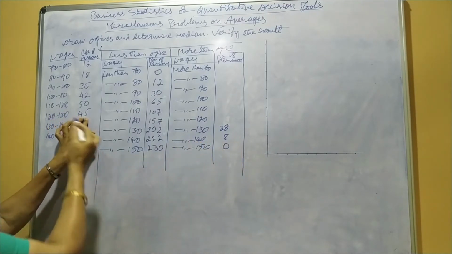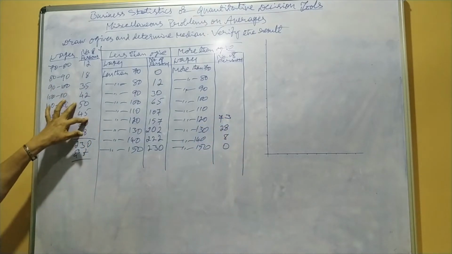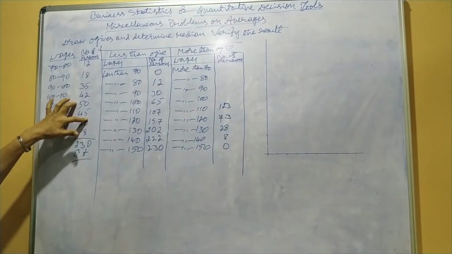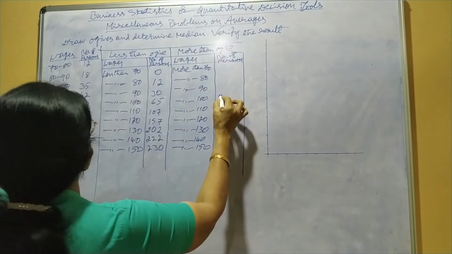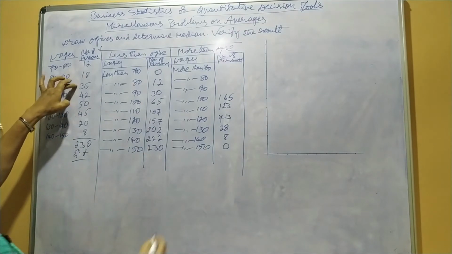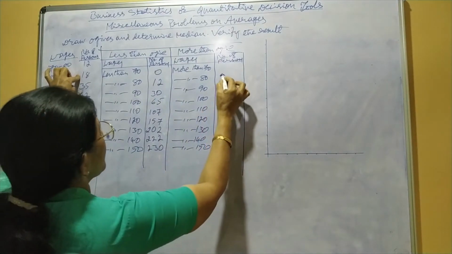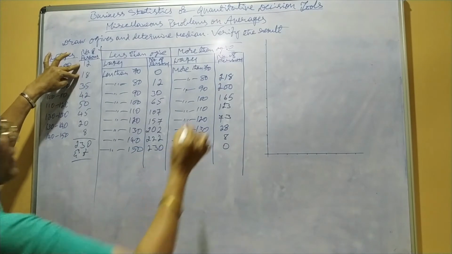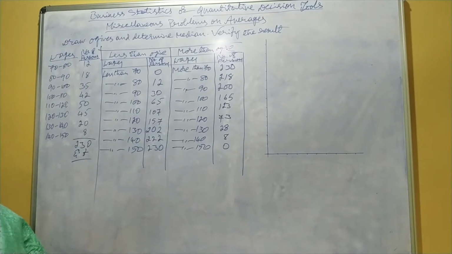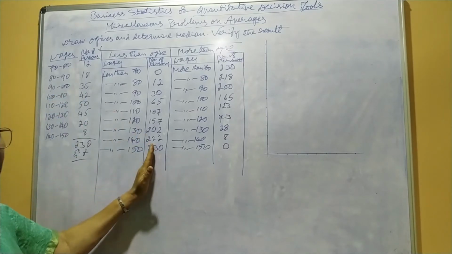To this we have to add 45. 73. 73 plus 50, 123. 123 plus 42, 165. 165 plus 35, 200 plus 18, 218 plus 12, 230.